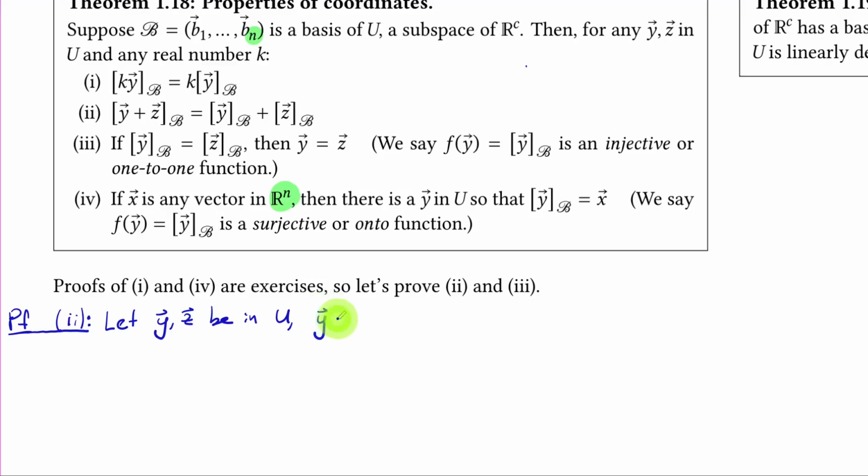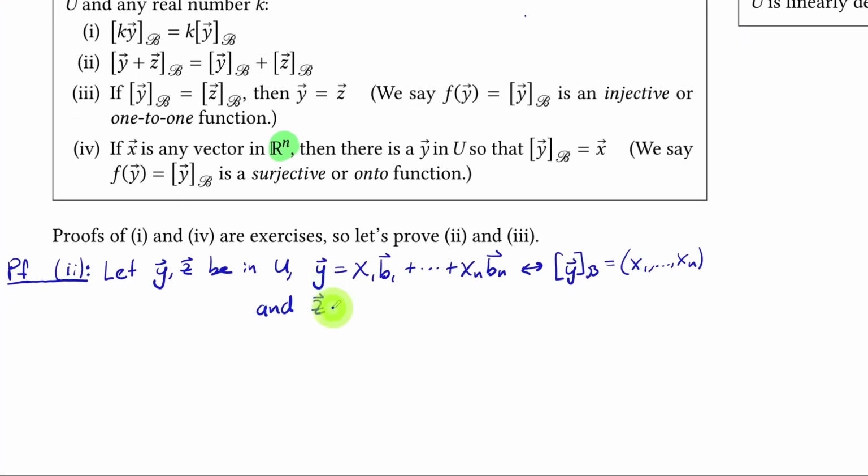So we can assume that y can be written as x1 b1 plus and so on up through xn bn for some x, which is another way of saying we're assuming that the B coordinates of y is the vector x1 through xn. And likewise, same thing with z.